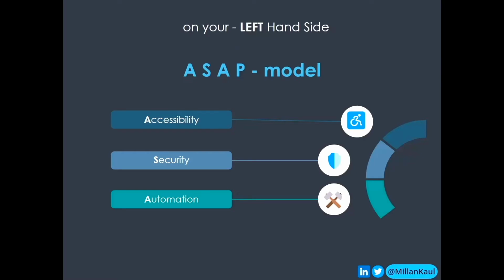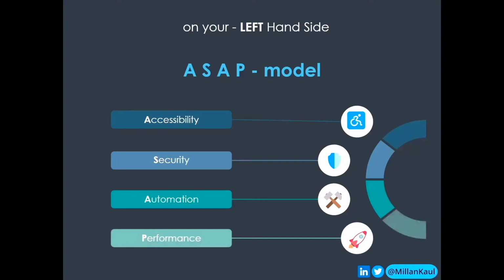And the last one of my ASAP model is performance. Talk to your solution architect or tech lead or maybe just software developer to understand the architecture of the system if you haven't seen it. This usually is the baseline before the actual project kickoff or coding starts.